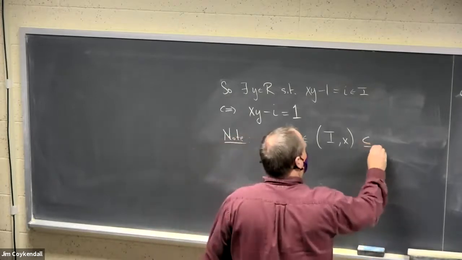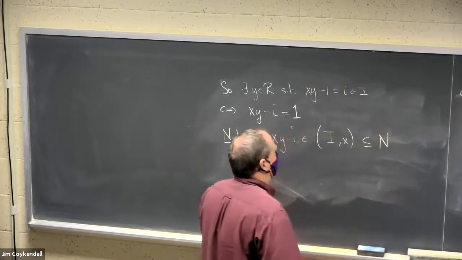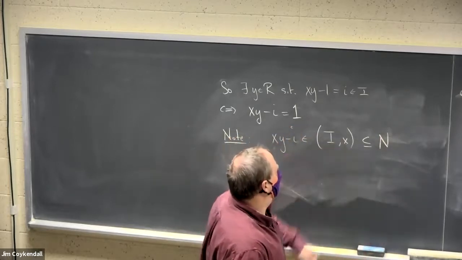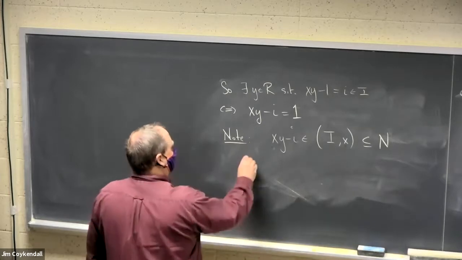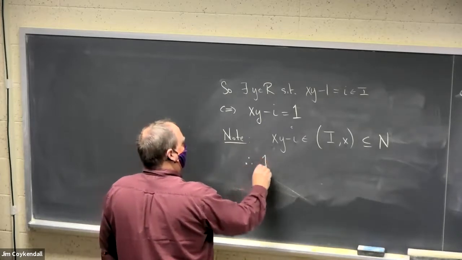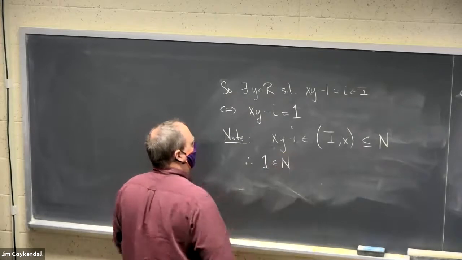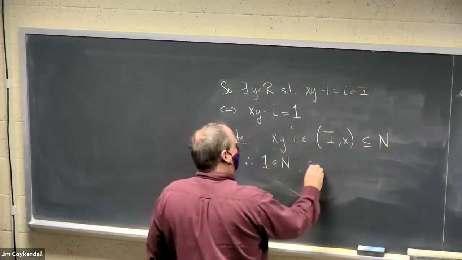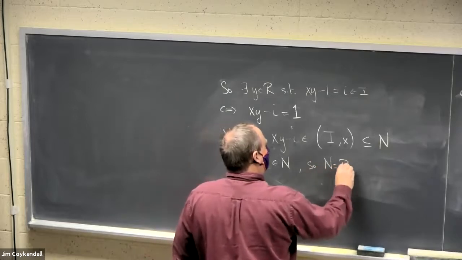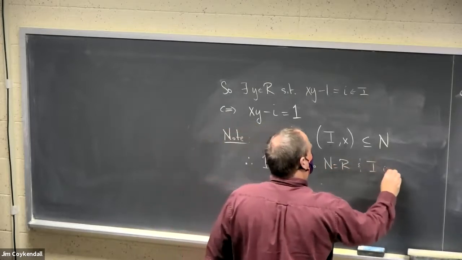And this is contained in N, because I is contained in N, and x is contained in N. Therefore, 1 is contained in N because xy minus i is 1. So I is maximal.